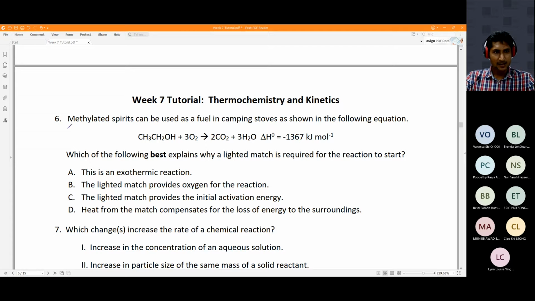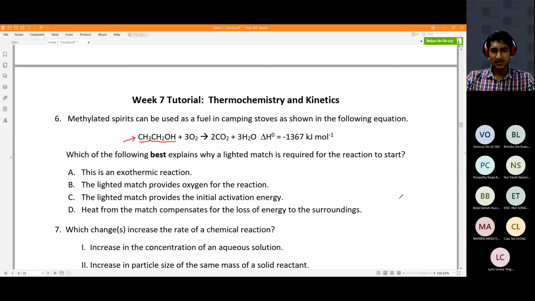Now question number 6. Methylated spirit can be used as a fuel in camping stoves as shown in the following equation. What is the symbol of this? Does anybody know what this one is?